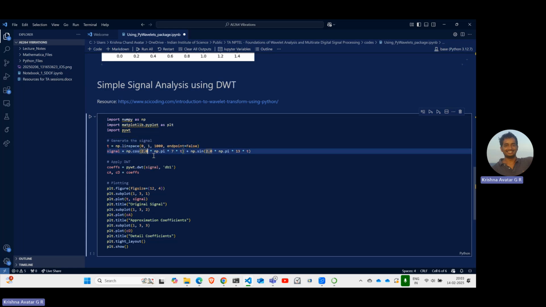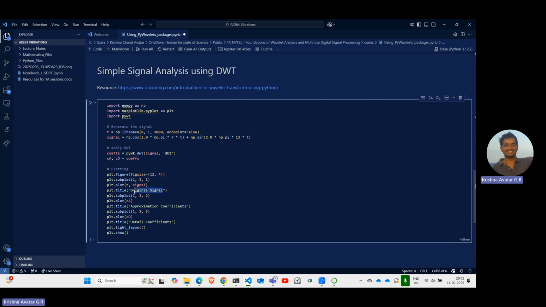And then get the signal which is cosine 2 pi into 70, so it's like cosine 140 pi t plus sine 626 pi t. Then we apply the discrete wavelet transform to this using Daubechies wavelet of first order to get the coefficients. Then we plot it and look at the original signal.